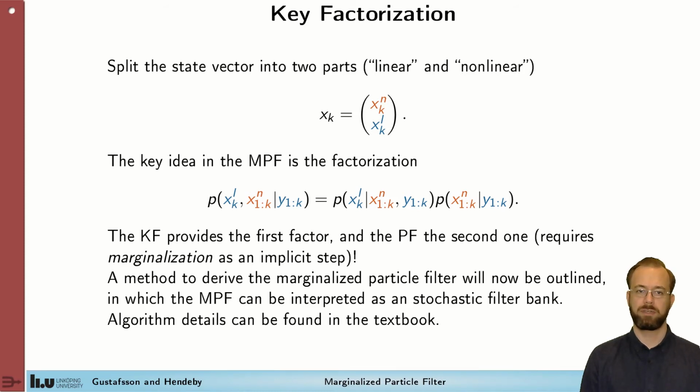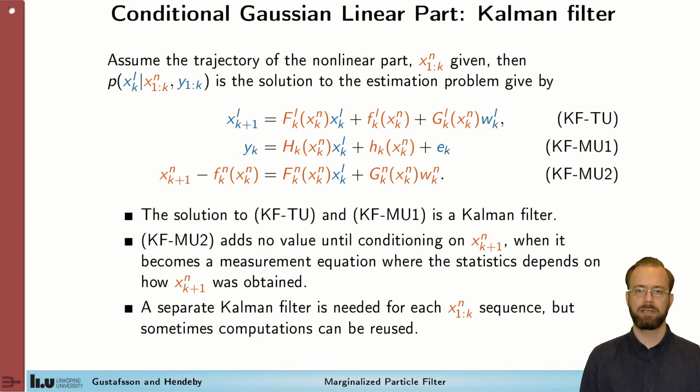We can view this as a stochastic filter bank, which is a nice interpretation of the whole algorithm. So we'll start with the conditionally Gaussian linear part of the problem, so this PDF up here. I have rearranged the equation slightly. So we have this part here, which is the update of the linear part, which, given that we know the red part here, is linear and Gaussian.